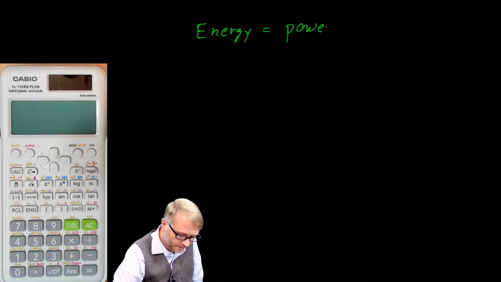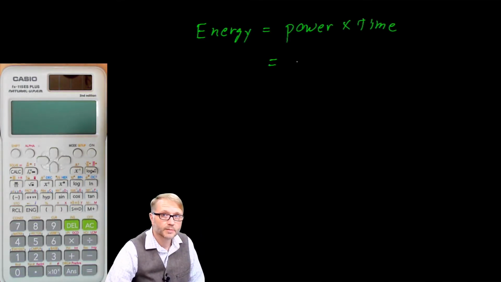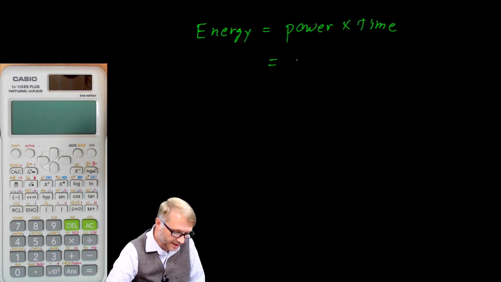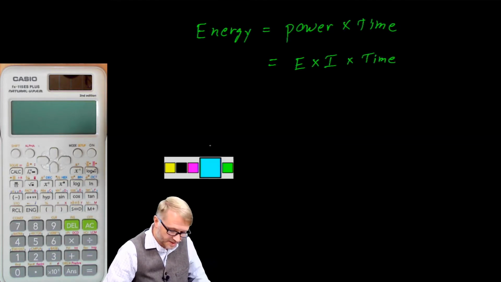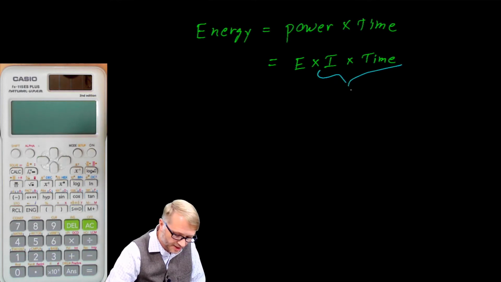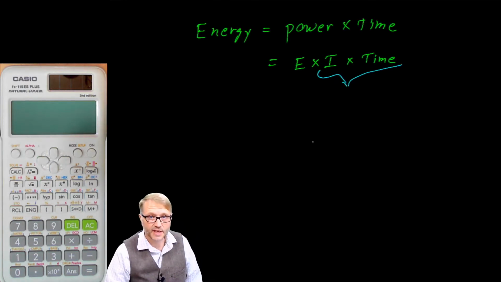We mentioned energy, and we define that as the product of power and time. Power could be expressed as the product of voltage and current. This particular form is useful if we're dealing with batteries and calculating the energy on the battery.